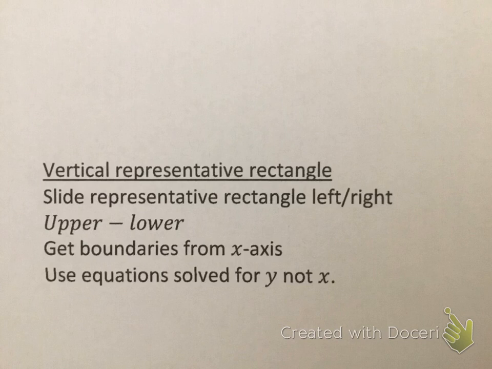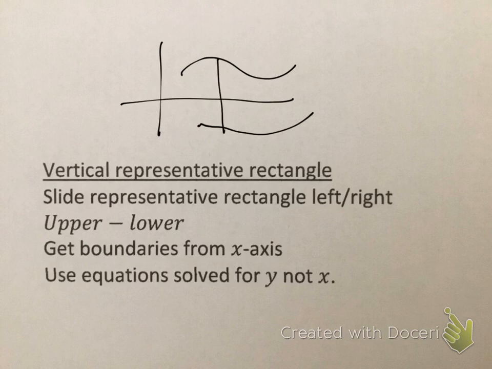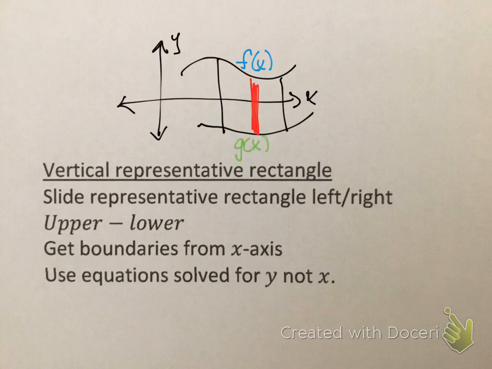When you have a region between two curves, and you are drawing in a representative rectangle given an upper curve and a lower curve, if you draw in a vertical representative rectangle, you are thinking about sliding that representative rectangle left and right, back and forth.